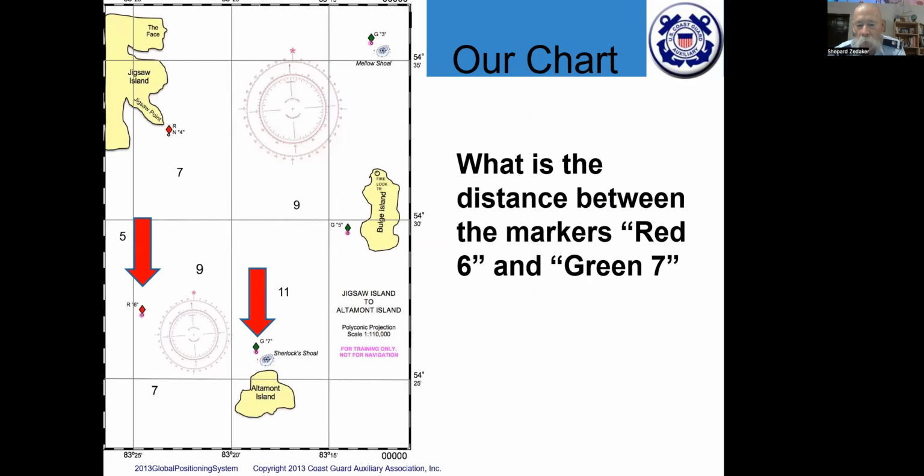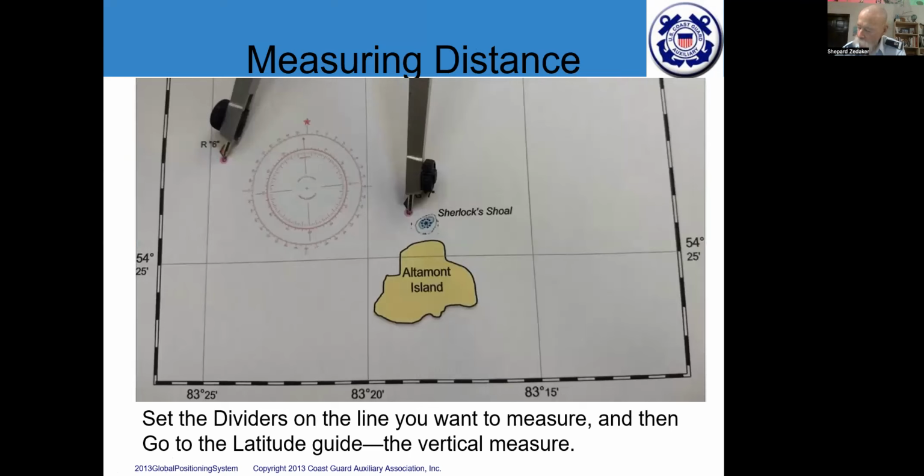So let's do a little bit more with distance and bearings. Let's say we're trying to go from, on this fictitious chart, this red 6 to this green 7. What's the distance between those two places? Well, you take your trusty dividers and put them on the points of red number 6 and green number 7.